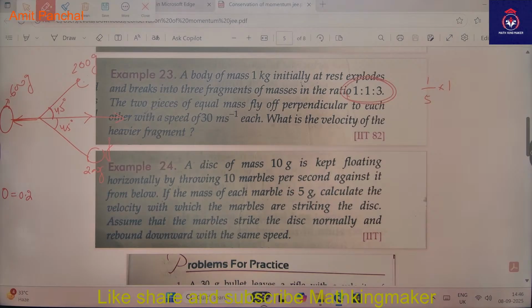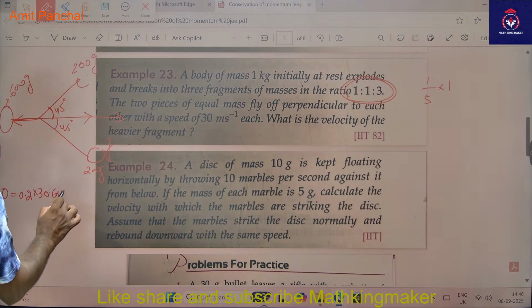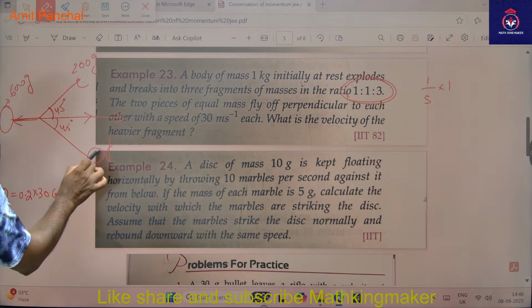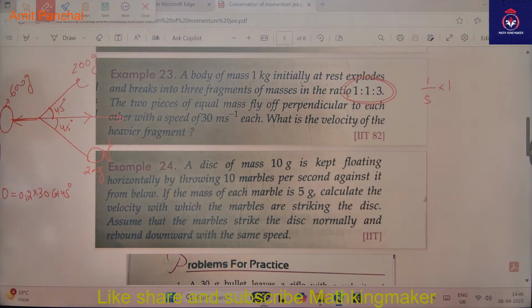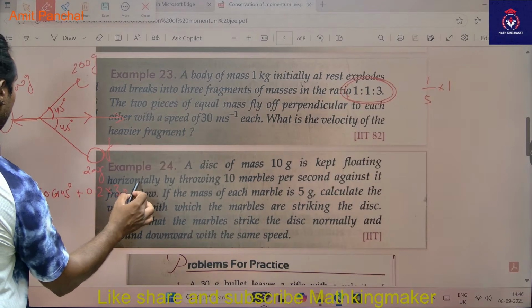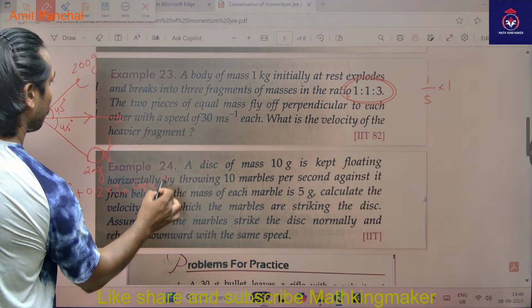It will be velocity into cos 45. So velocity is 30 meter per second, so it will be 30 into cos 45. The same component will be for this body. So that will also be 0.2 into 30 into cos 45.